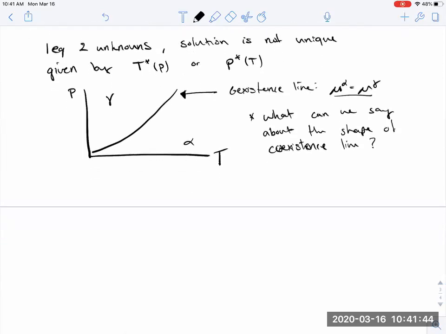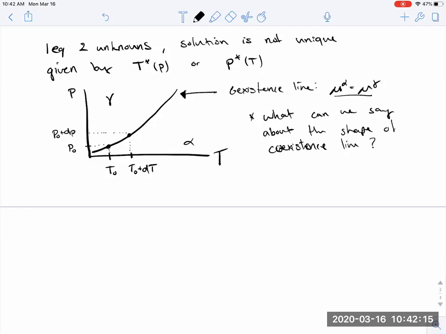Well, if there was a temperature T naught and a corresponding pressure P naught on that line, and if I change the temperature by a little amount, dT, and stayed on that line, it must mean that the pressure changed a little bit, say dP.